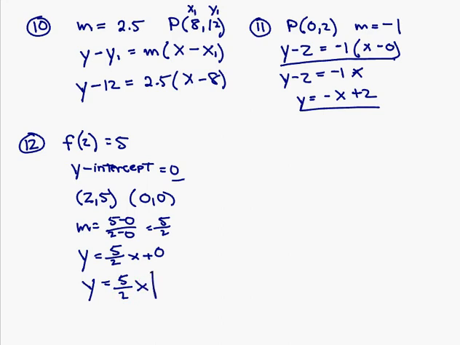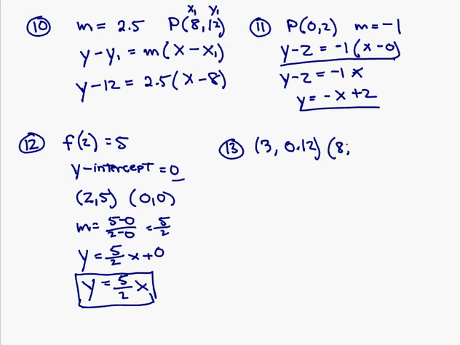And 13, here you have 2 points, you have 3, comma, 0.12. And you also have the point 8, comma, 0.045.